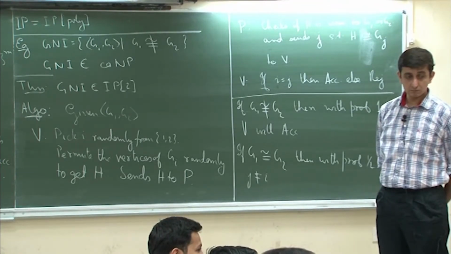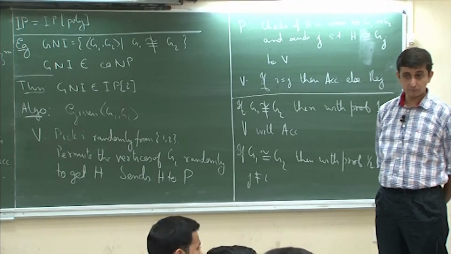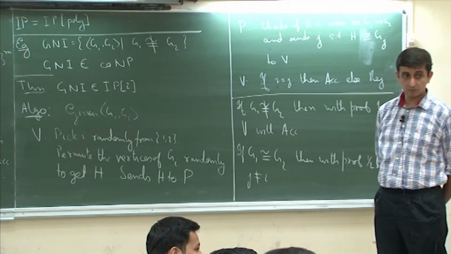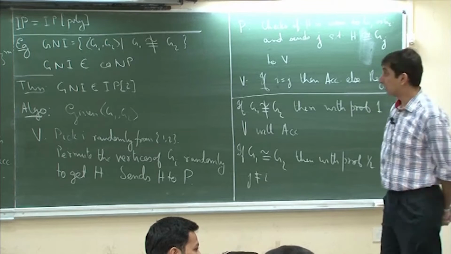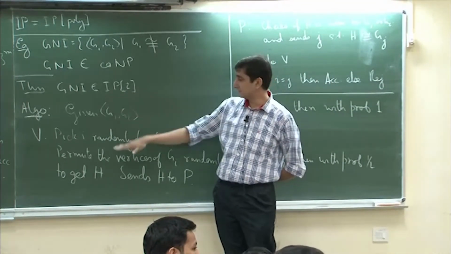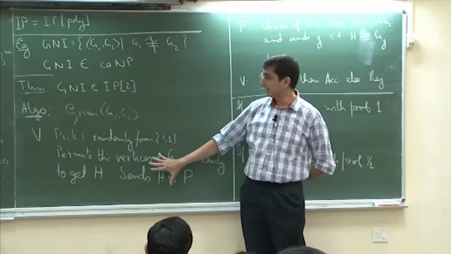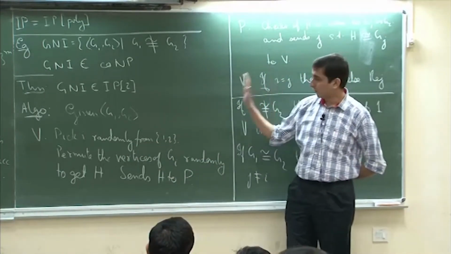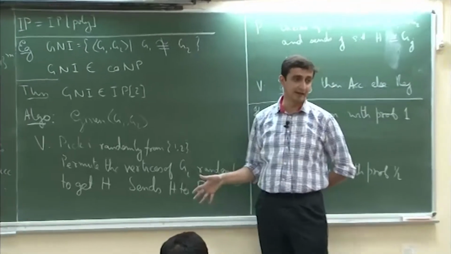In this model it does not know; here basically everything is hidden from the prover. Whatever V is doing, he is doing it secretly.